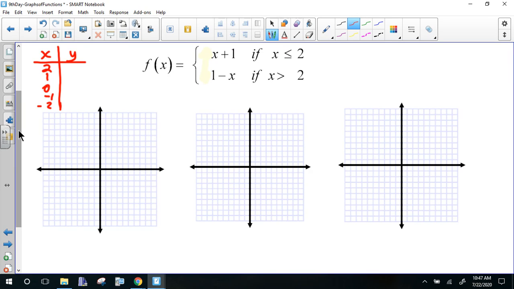If we plug those in, I'm going to get 3, 2, 1, 0, negative 1. It includes the 2, so I'm going to use a closed circle at 2, 3. I'm going to go to 1, 2, 0, 1. And my board is a little off. So I'm going to have something that looks like this for that little piece.